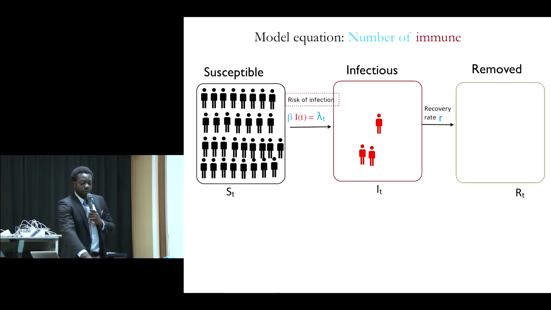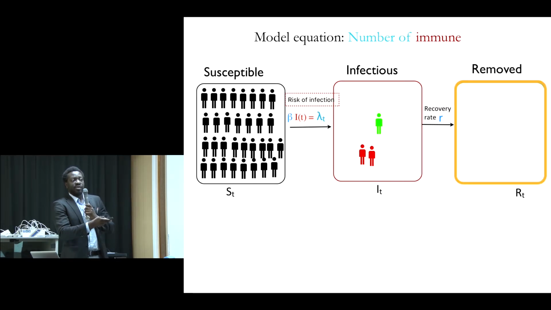Next, we want to predict the number of people who are removed, who become immune. This is also much easier. It is based on the risk of recovery, the recovery rate, R. So how many people leave the infectious box to join the removed box?